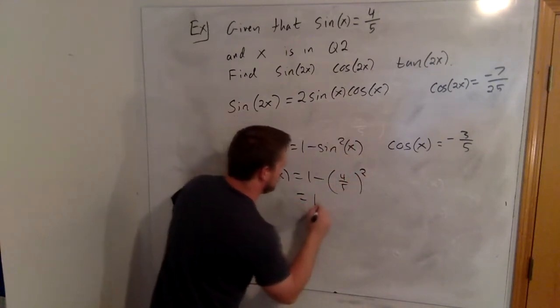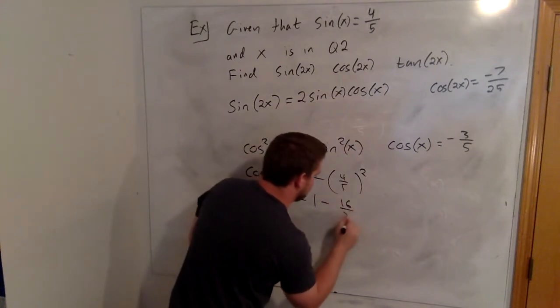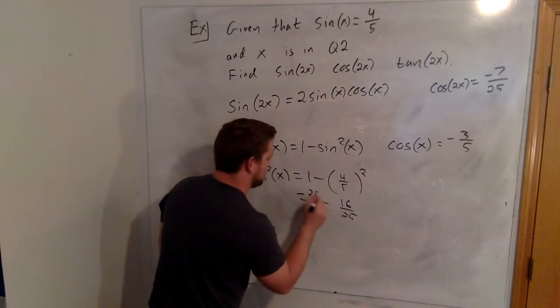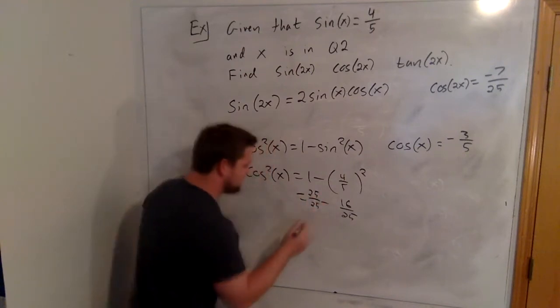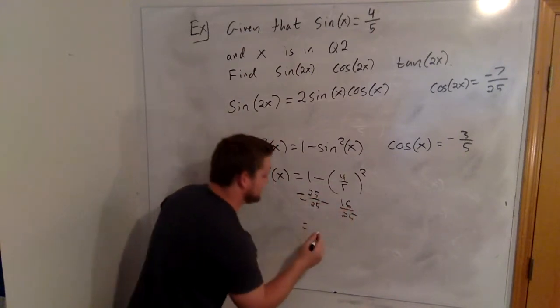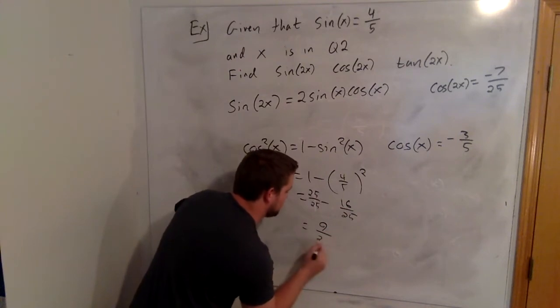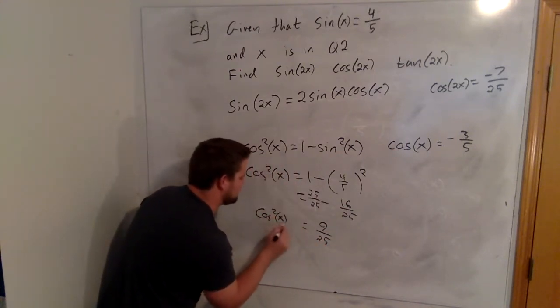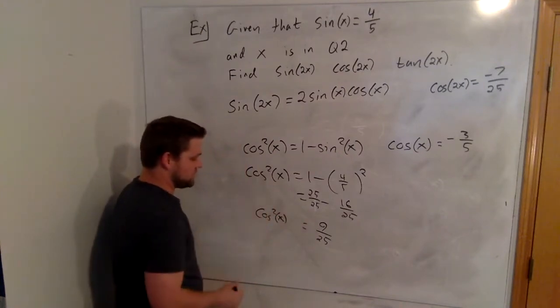That'd be 1 minus 16/25. How about we replace this 1 with a 25 over 25? 25 minus 16 is 9/25. So cosine squared of x is equal to 9/25.